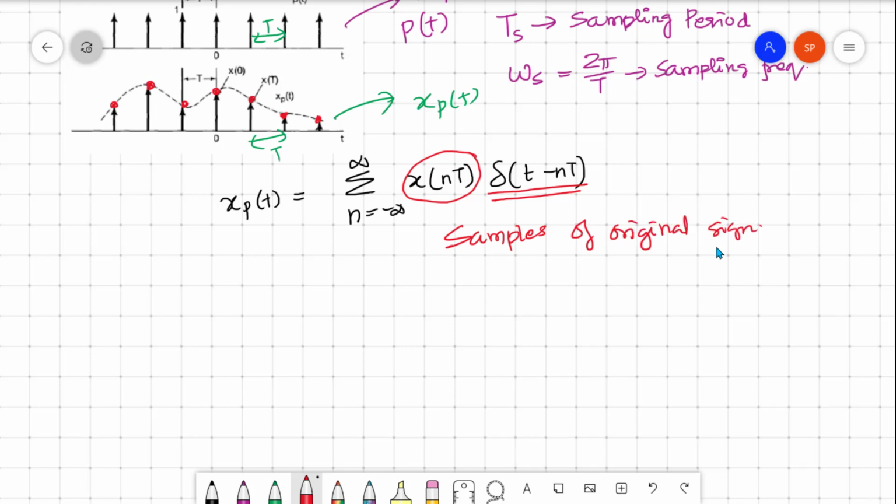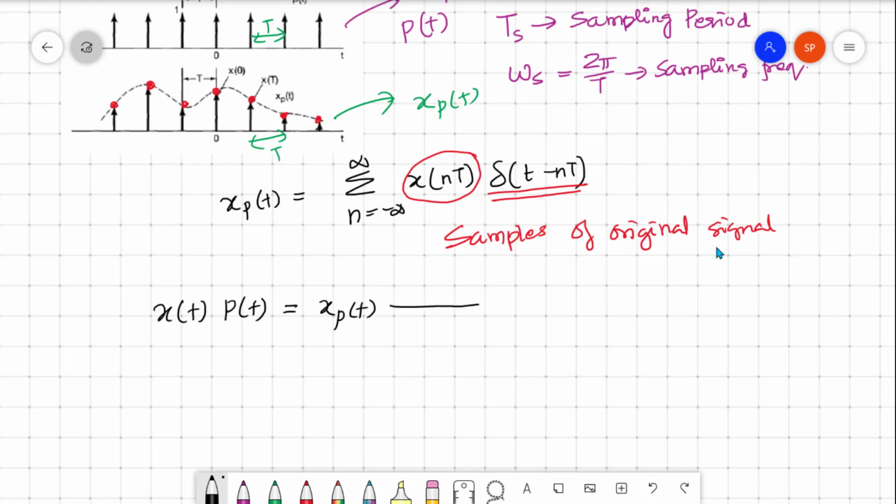So this is the mathematical meaning of this equation: xp of t is equal to summation n varies from minus infinity to plus infinity x of nT delta of t minus nT. What happens here is the multiplication of the signal x of t and the impulse train p of t to obtain the sampled signal xp of t.